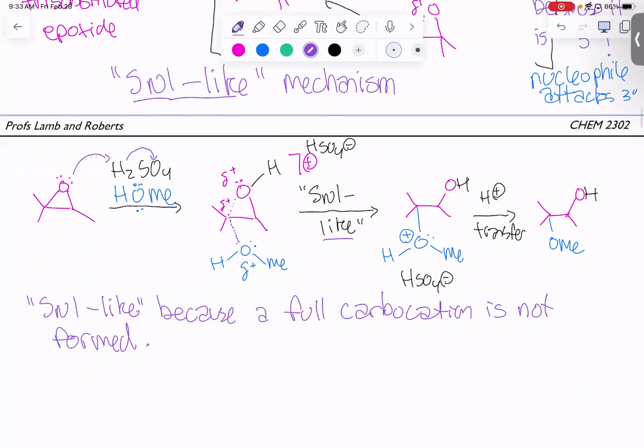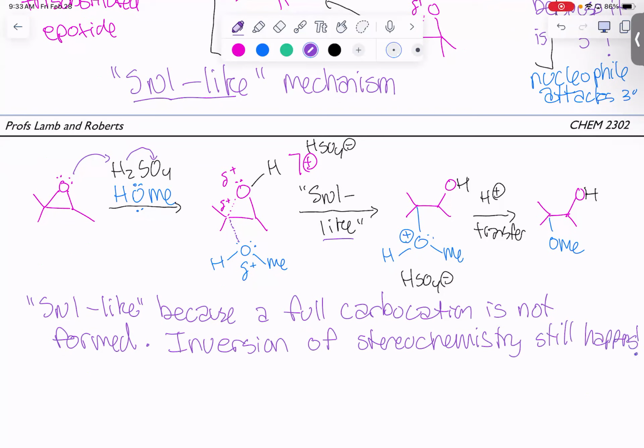Now here's the kind of crazy part, that inversion of stereochemistry still happens. So that argues for this being SN2-like as well, okay? So that's why it's a little bit confusing, but because we never break that bond fully to form a carbocation, we don't erase the memory of that stereochemistry through rehybridization.